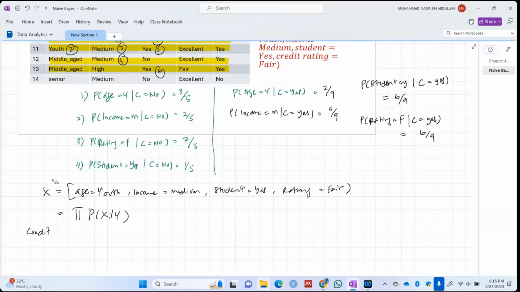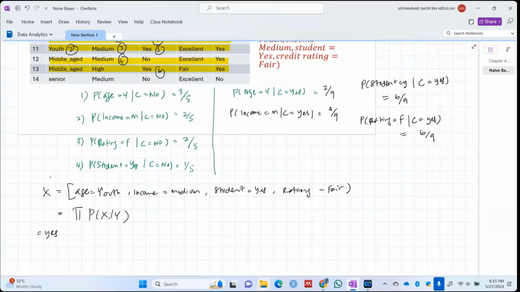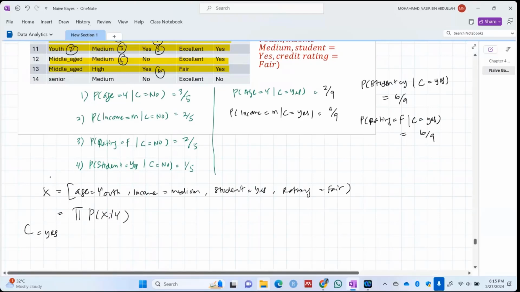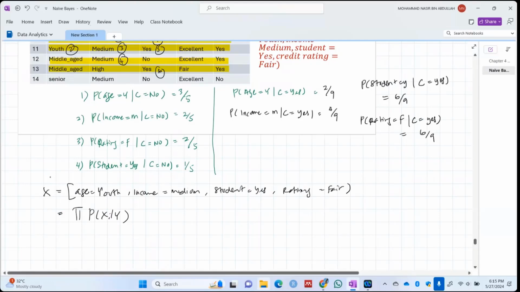So for y equal to yes, this one should be probability of xi given y equal to yes.